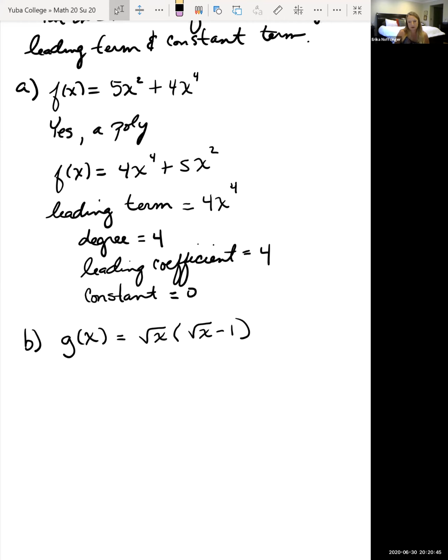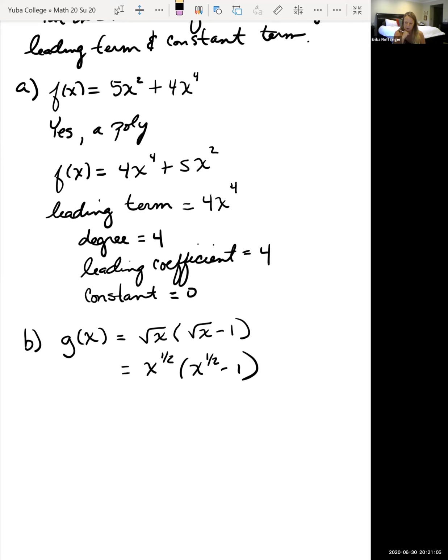Also, rules of exponents are useful. In that case, the square root of x is x to the 1/2. And so we could rewrite this as x to the 1/2 all times x to the 1/2 minus 1.